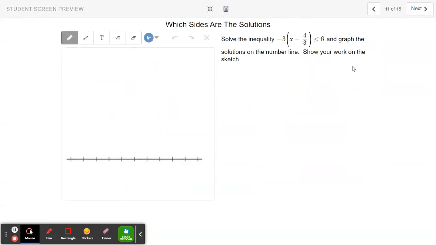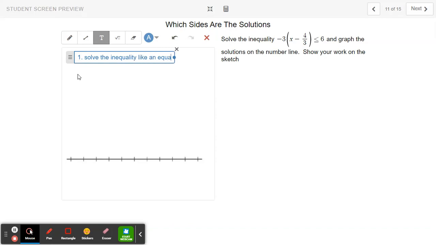So we're going to do the same thing here. Our steps are going to include, I'm going to type these steps out for us. The first step is to solve the inequality like an equation.